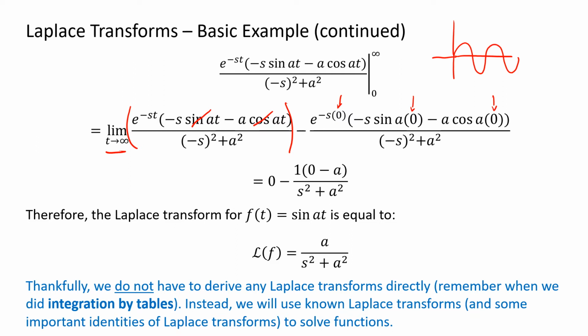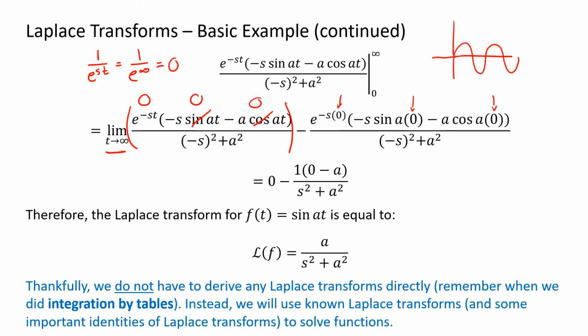E to the negative st can actually be written as 1 divided by e to the st, which is actually 1 divided by e to the infinity if you substitute it in, and 1 divided by any number that large is simply 0. So you're left with 0 times 0.